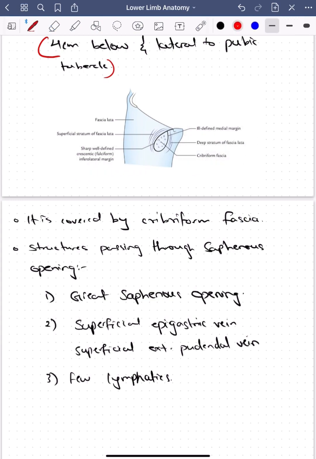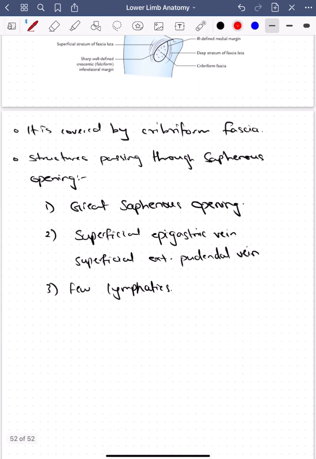Now what opens into the saphenous opening? The important structure we must remember is the great saphenous vein. The great saphenous vein in itself is a short essay which is asked for 8 marks, and we'll discuss that later on. For now, remember, structures that open into the saphenous opening are basically veins and lymph nodes.